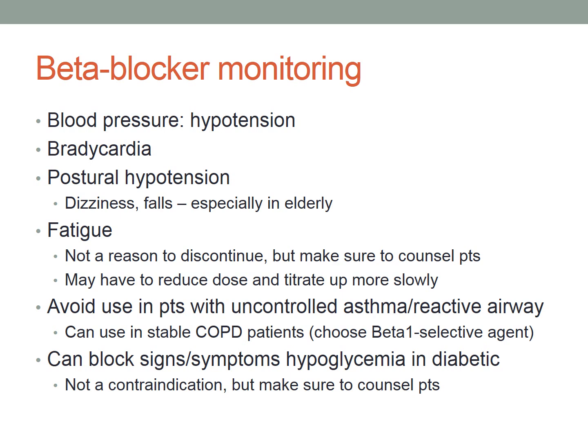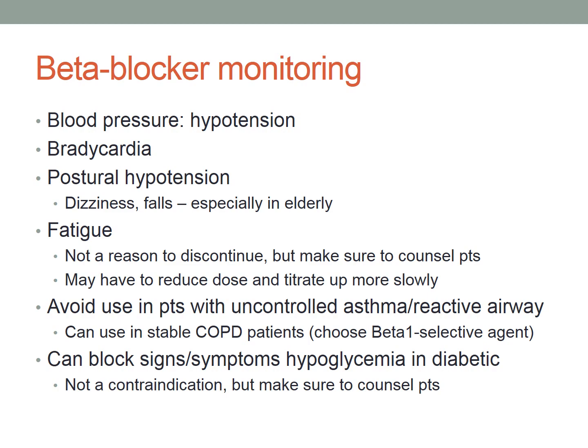Also, beta blockers can block signs and symptoms of hypoglycemia in diabetic patients. And so, again, this is not a contraindication for therapy in your heart failure patients, but you just want to make sure to counsel your patients and let them know that when they do become hypoglycemic, they might not have the same signs and symptoms that they're used to seeing.